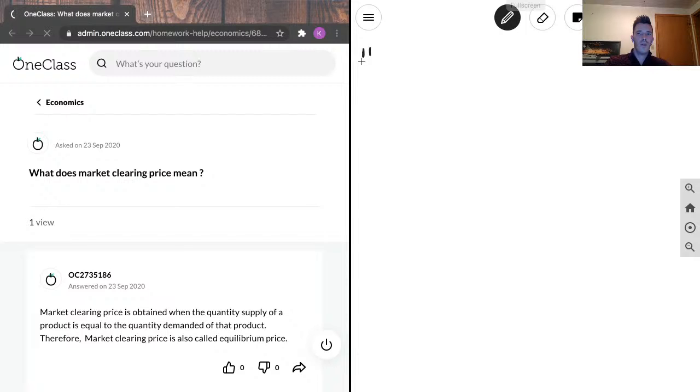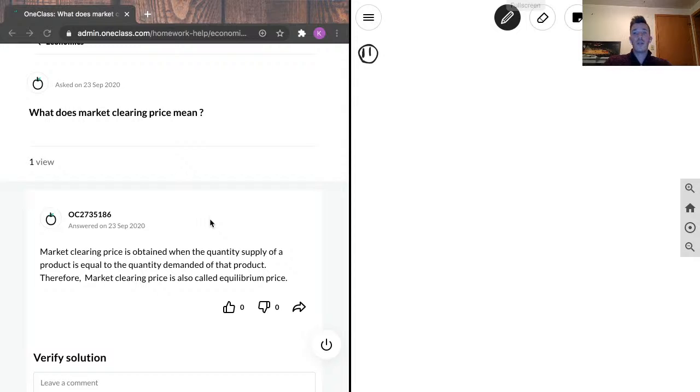Question 11, what does market clearing price mean? And what our junior tutor has written is that the market clearing price is obtained when the quantity supply of a product is equal to the quantity demand of that product. Therefore, market clearing price is also called the equilibrium price. I'll just draw that graphically real quick.